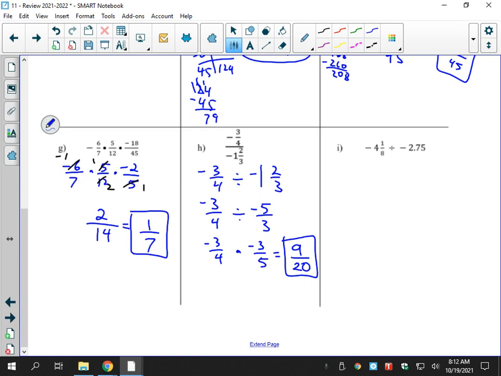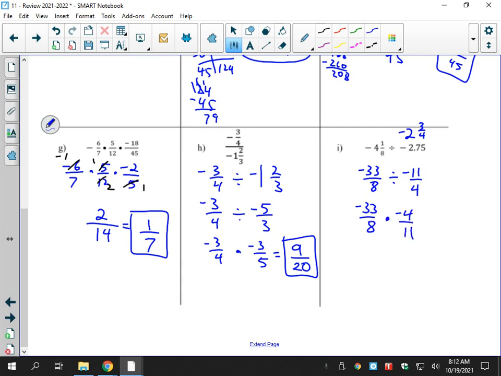Okay. On I, negative 4 1/8 divided by negative 2.75. I want to realize as a mixed number, that's negative 2 3/4. Okay, rewrite as improper. That's going to be negative 33/8 divided by negative 11/4. Keep, change, flip.